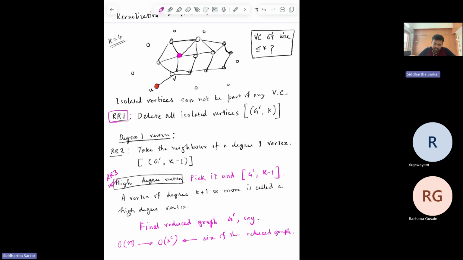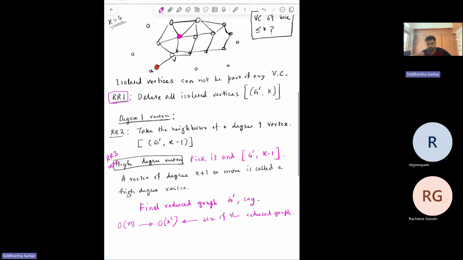Before we argue that, let us believe that after applying rule 1 and rule 3, we are able to show that this reduced graph has order k squared vertices and order k squared edges.